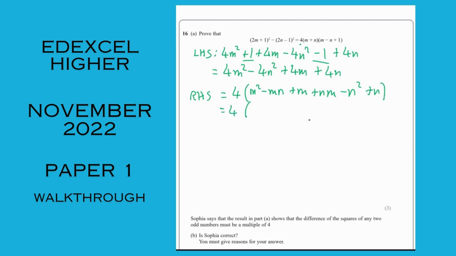Let's tidy it up first. You'll notice the negative mn, the positive nm, they disappear, cancel out. M squared minus n squared, and I'm obviously conscious of keeping it in the same order as my left-hand side. Positive m and positive n from the end.